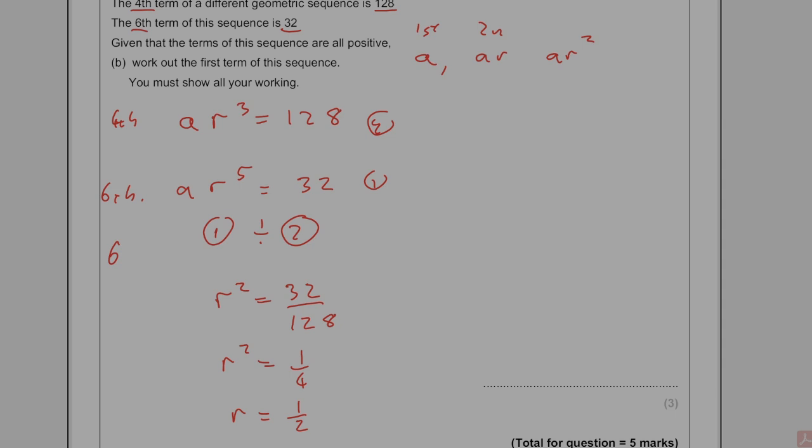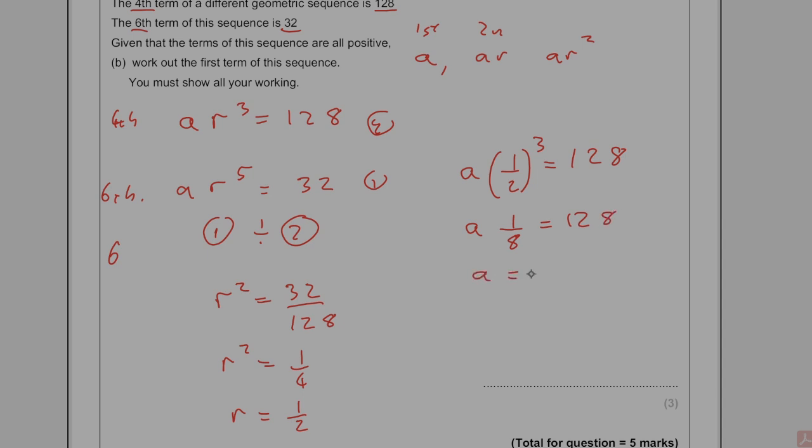Okay, and we're actually after the first term here. So if I substitute that into this one, I know that A times 1 over 2 cubed is equal to 128. That means that A times 1/8 is equal to 128.